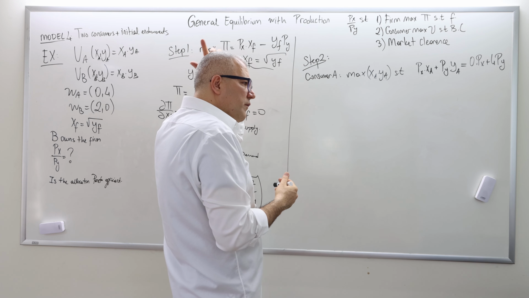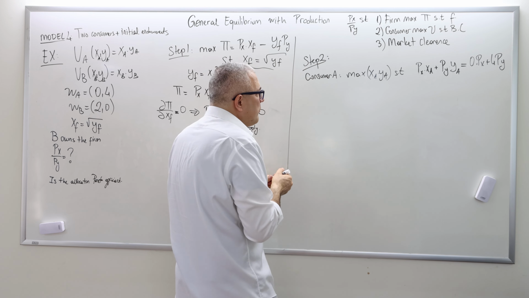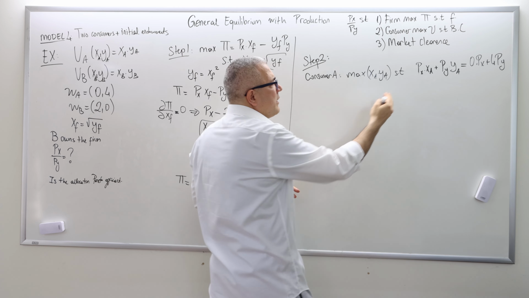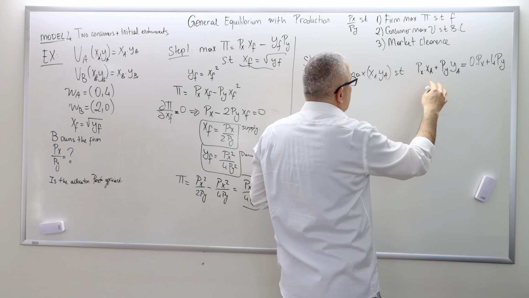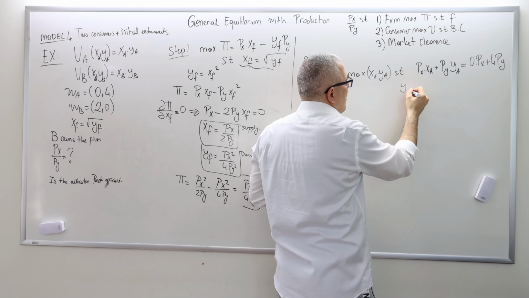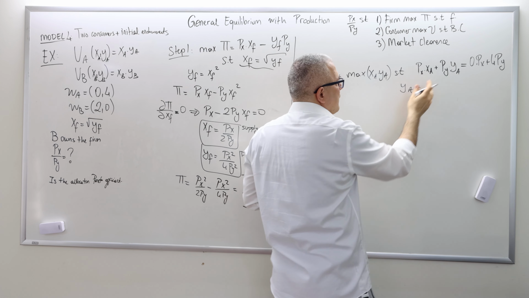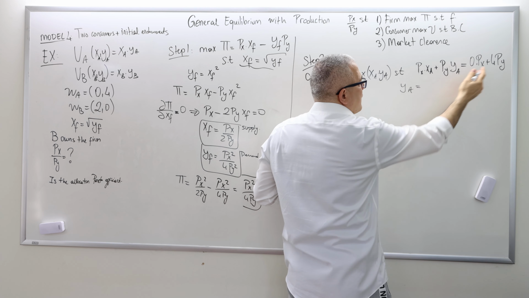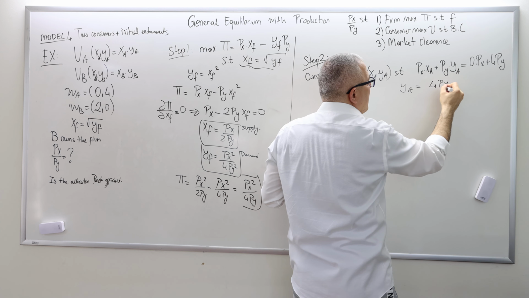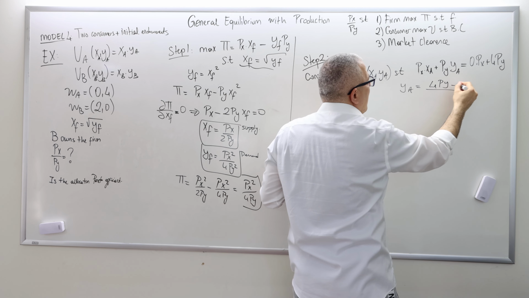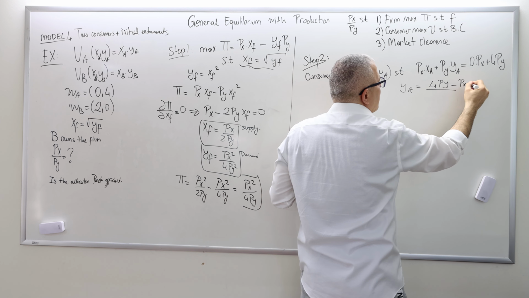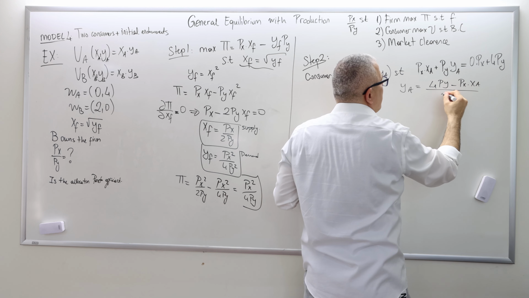So how can I solve it? Well, simple. Here you can use the substitution method, obviously. So write YA as a function of, so leave YA alone. So it means 4PY divided by, right, this is 0. So 4PY minus PX times XA, divided by PY.